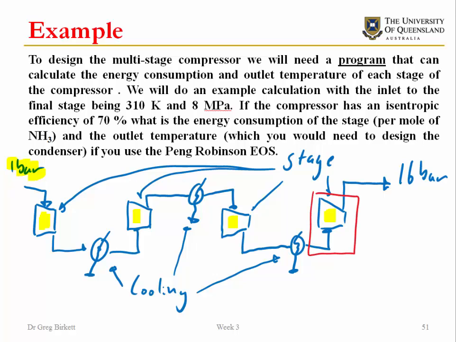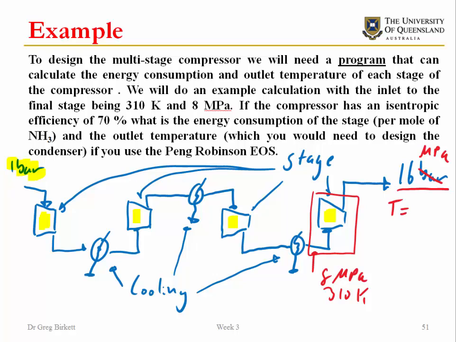So here's our system boundary, and what the gas is coming in at. In here it's coming in at 8 megapascals and at 310 Kelvin, and it's coming out here at 16 megapascals, not bar, sorry.